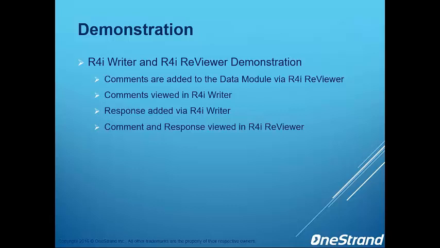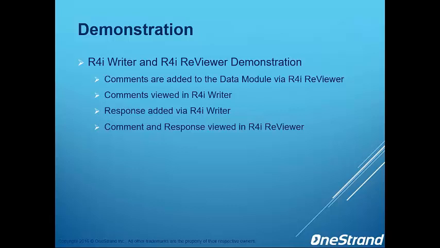So we've got to the point where we're doing our first verification. The authors have done their job. It's going for first verification with engineers, subject matter experts and QA people, and they're going to use Reviewer. Then we're going to jump across into Writer, and we're going to be able to see that comment. So I'm the author again.